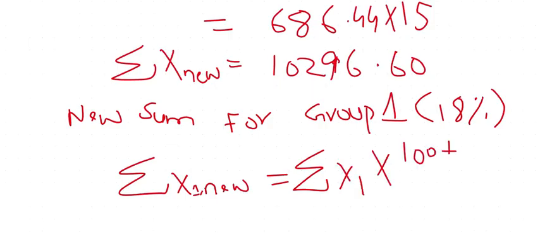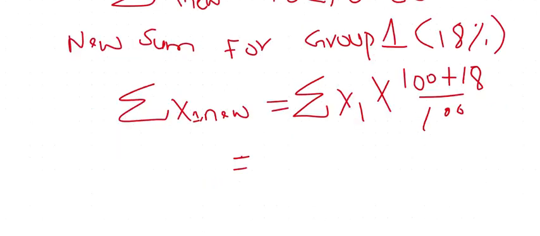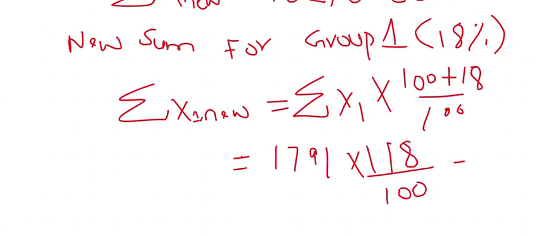Okay, so we have the answer: 1791 multiplied by 118 divided by 100. So the answer is 2113.38.